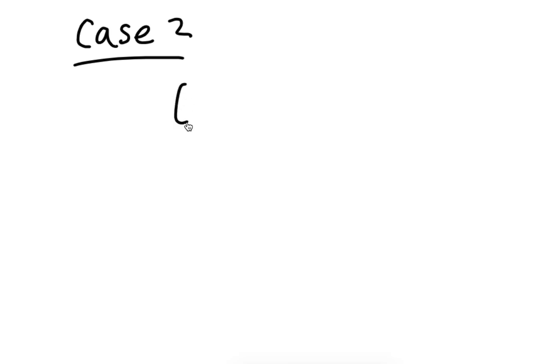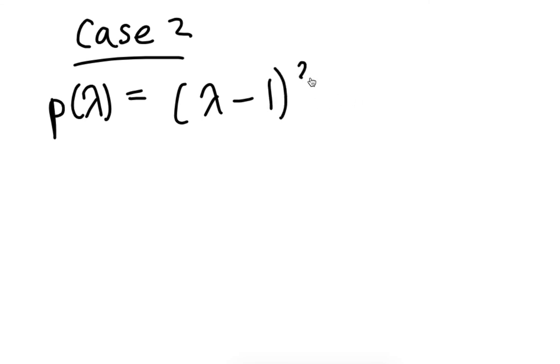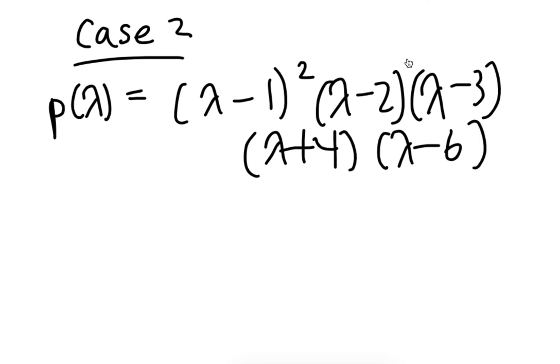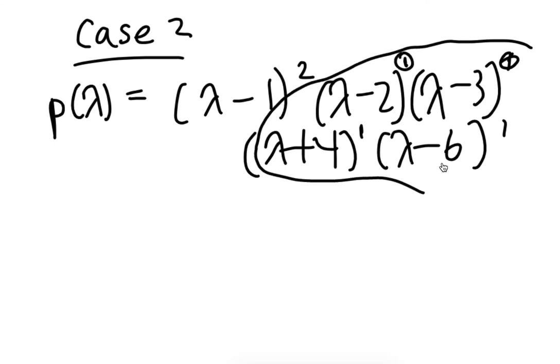For example, if we have a characteristic polynomial for case 2 where we have non-distinct eigenvalues, such as this, each of these algebraic multiplicities is actually just going to be 1. And what does that mean? Based on the last theorem, we showed that the geometric multiplicities of all of these has to be 1.